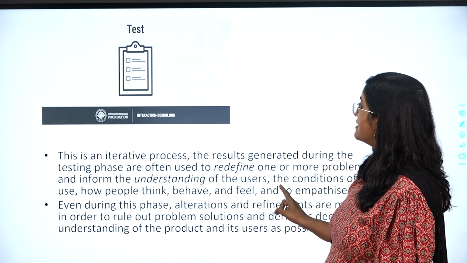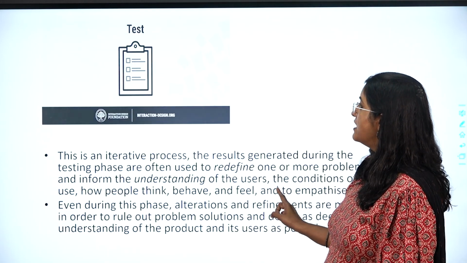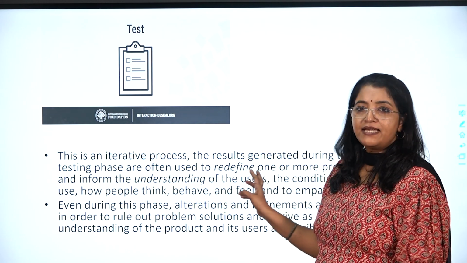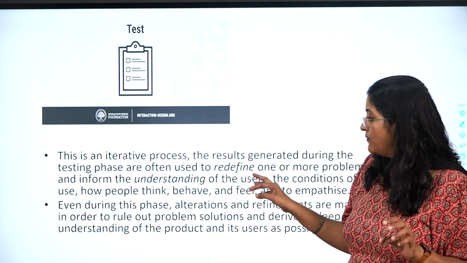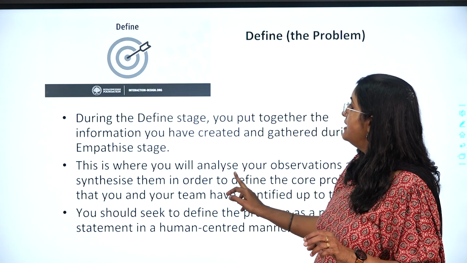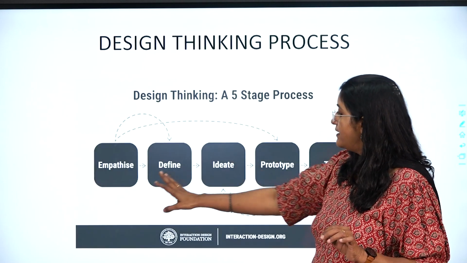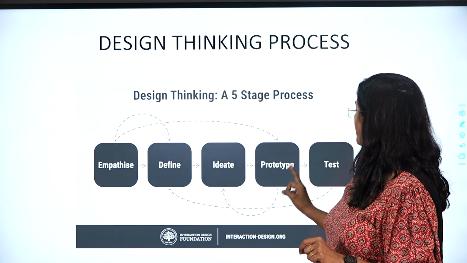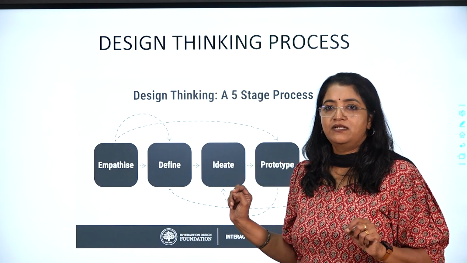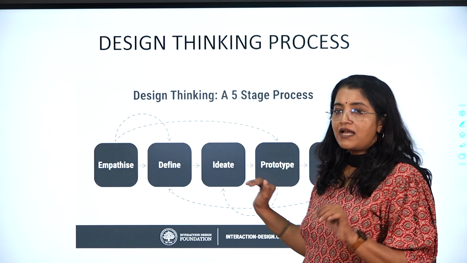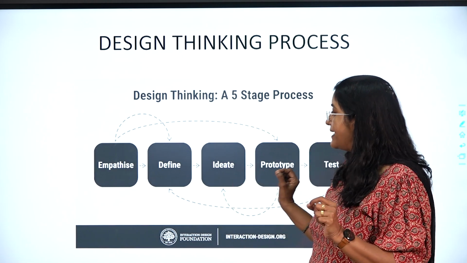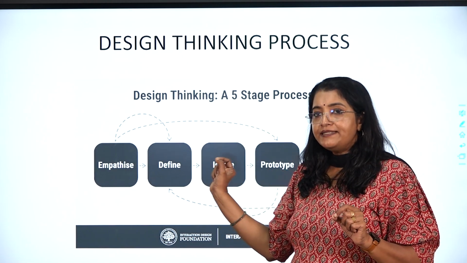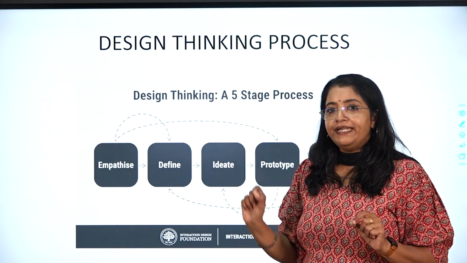So these are the 5 steps which help you in understanding design thinking. Hope you are conversant with that. So we'll just see the steps once more. Empathize, define, ideate, prototype and test. So these 5 stages are very much required to take up design thinking as a process for innovation.